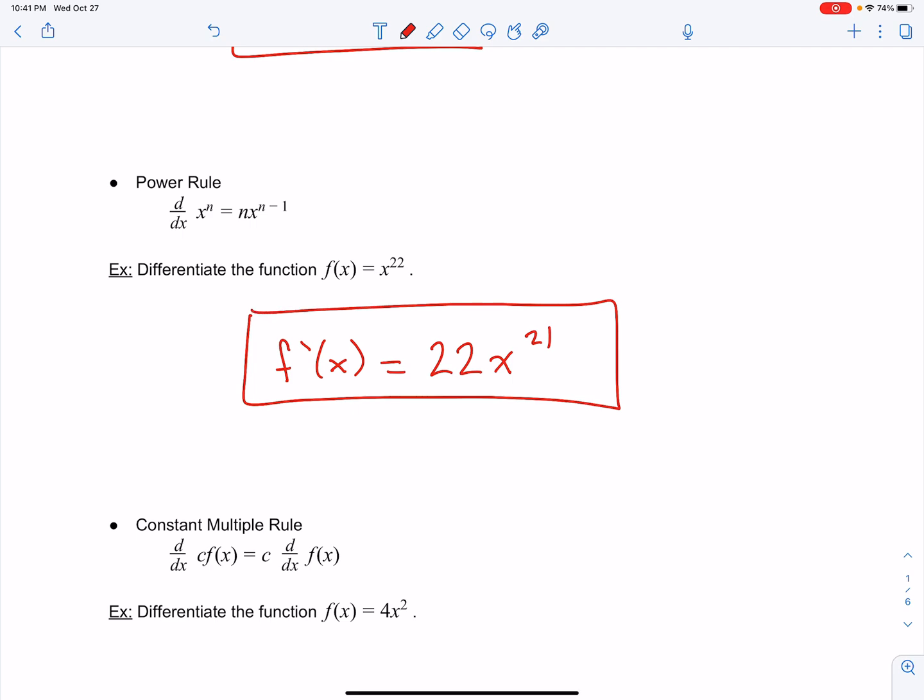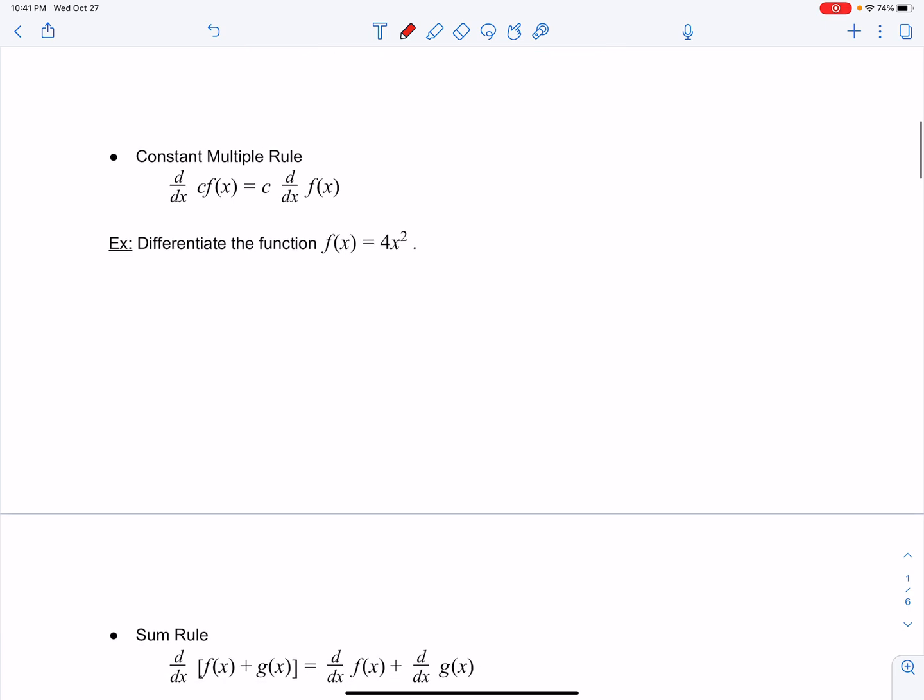We have a constant multiple rule. So our constant multiple rule says that we can bring that constant out front and ignore it and just take the derivative of the other part of our function that we do know how to take the derivative of. So if we have f of x equals 4x squared that we want to differentiate, we could say that its derivative, f prime of x, well, that 4 we'll just ignore for now.